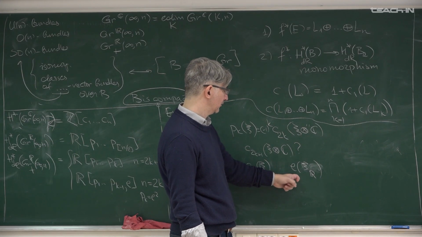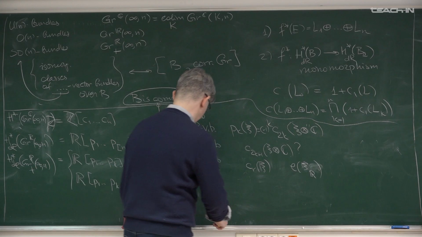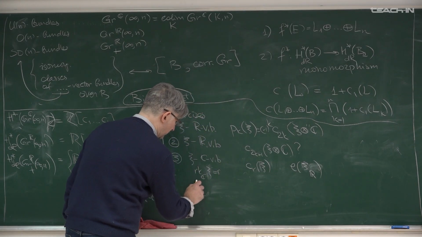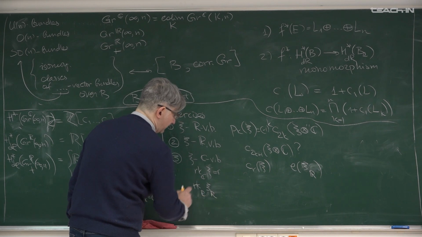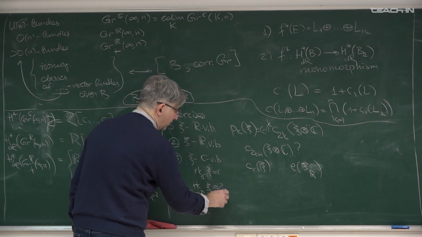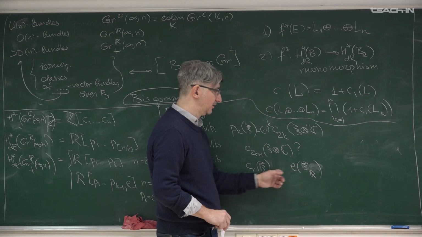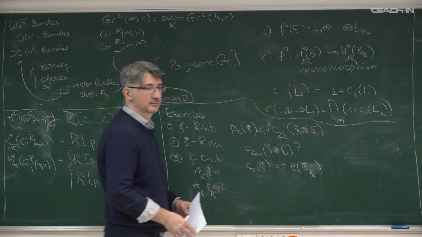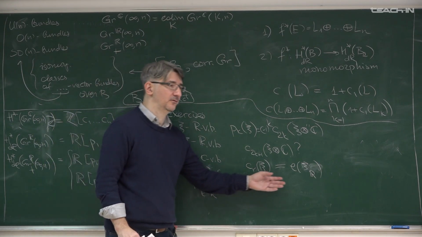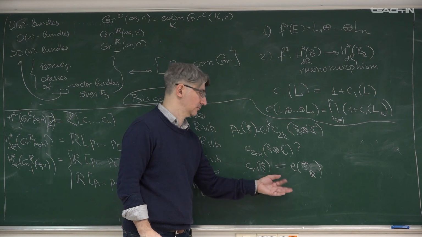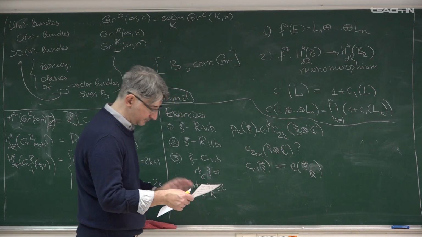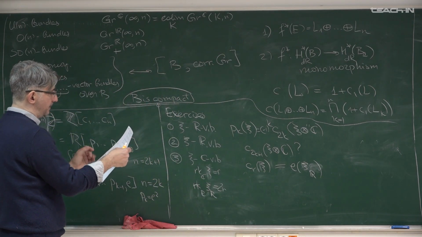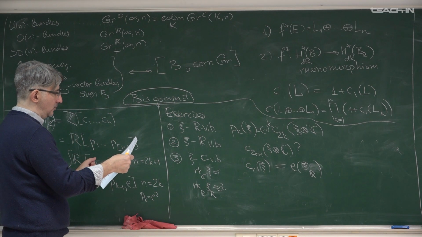So rank over R of this vector bundle is 2r. So we have two classes, Chern class and Euler class. Check that they are the same. They are given by different differential forms maybe, but you should check that they are the same. Cool.